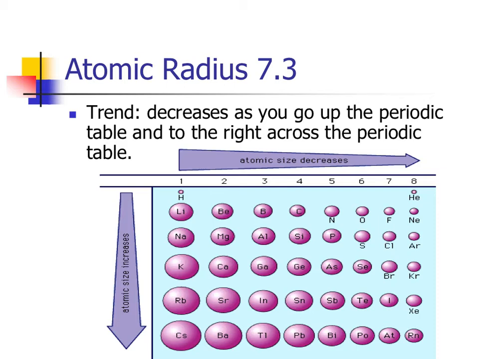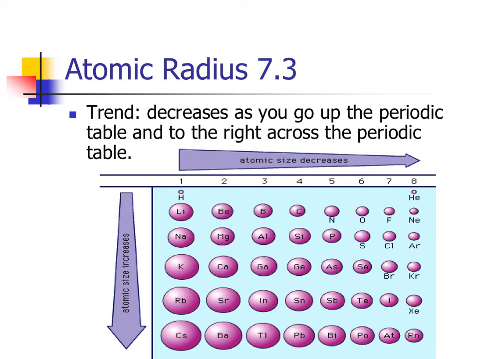To draw that, you usually have to draw them bigger and bigger and bigger as you go down the periodic table, because as you go down the periodic table, the atomic radius gets bigger, as we can see, because the number of circles gets bigger with it. And for me, I think that's very intuitive.